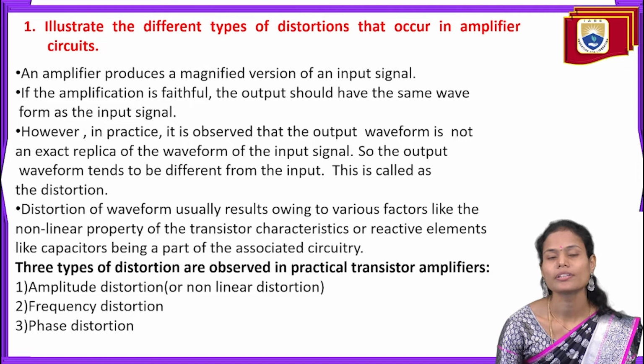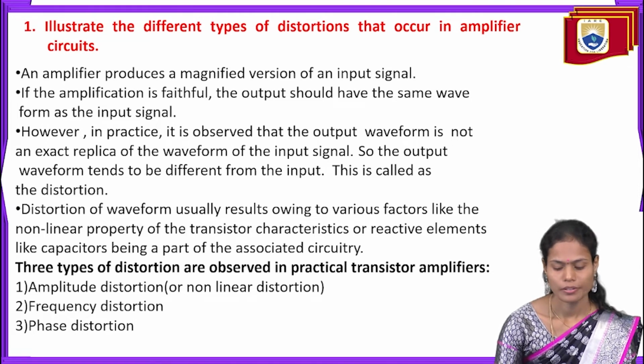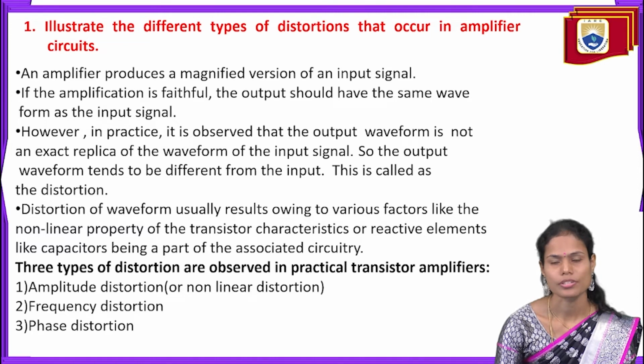So if we get distortion in the amplifier circuit, along with the required waveform there will be a noise signal present, or else some portion of the signal will be clipped off, or some extra portion may appear in the form of noise. So this indicates the distortion here.